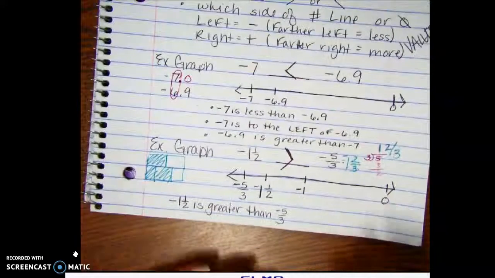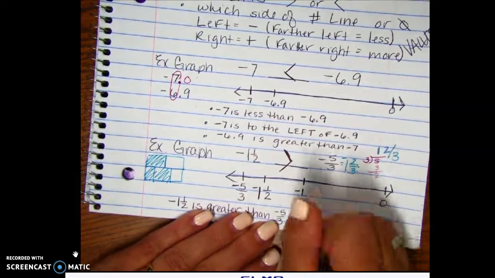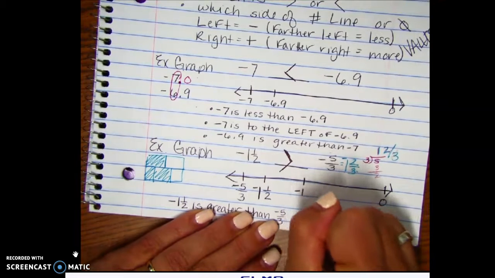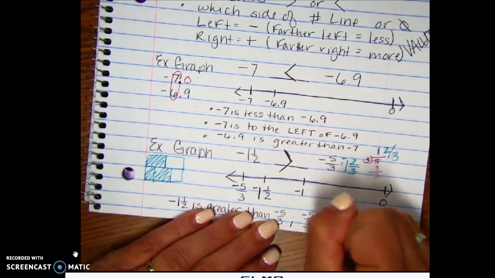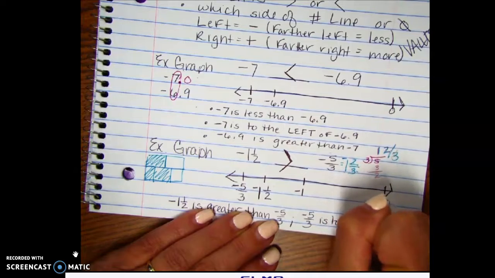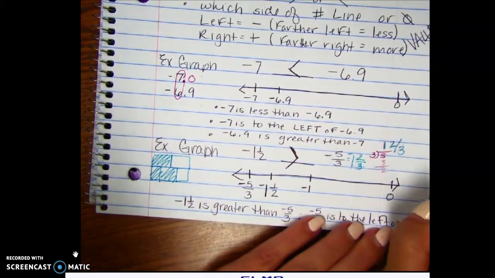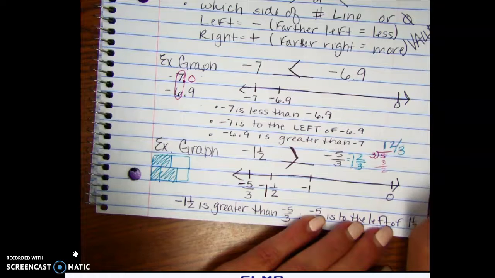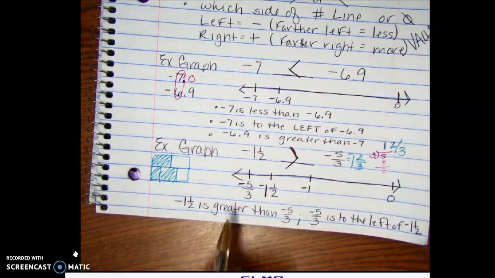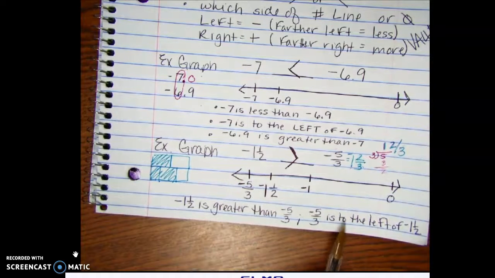We could also say negative 5/3 is to the left of negative 1.5. These two statements mean exactly the same thing using different terminology and different verbiage.